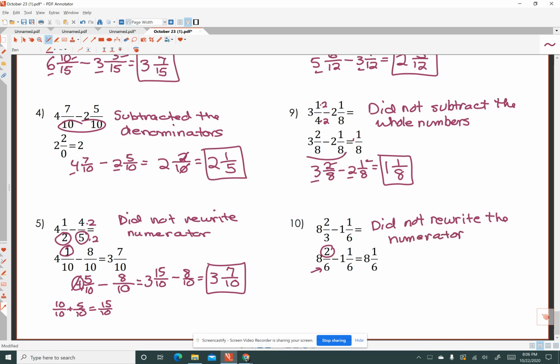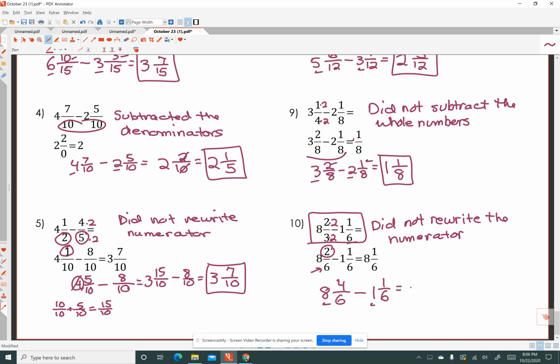So let's figure this out. If we have 8 2/3, well, it looks like our denominator of 6 is fine. So that would be 8 and how many 6? 3 times 2 is 6. 2 times 2 is 4. Minus 1 and 1, 6.